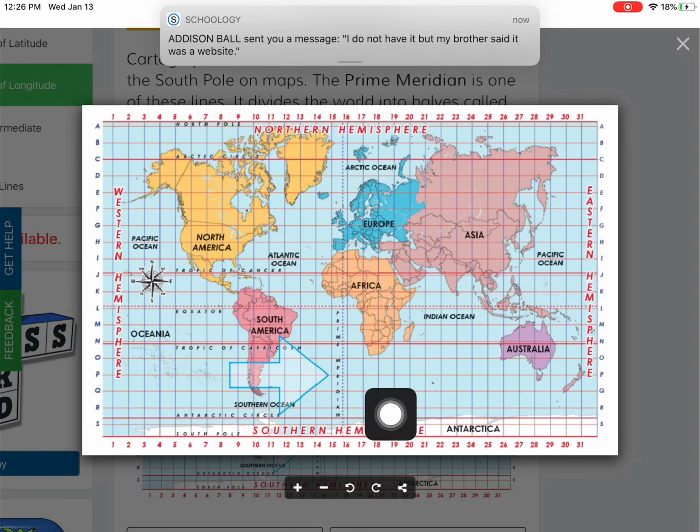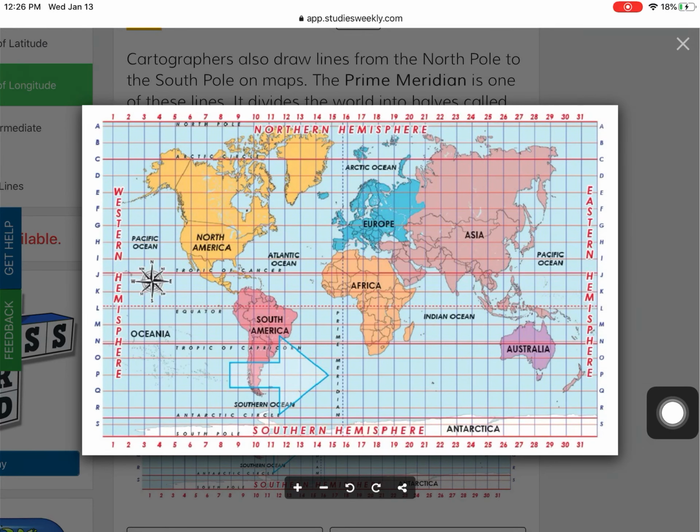So think to yourself then, this is where it might get a little tricky for you. What hemispheres, there are two, what hemispheres is the continent of North America located in? So look on your map here. What continent is North America in?